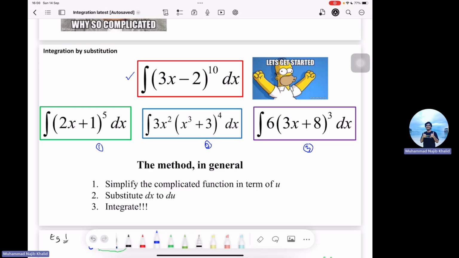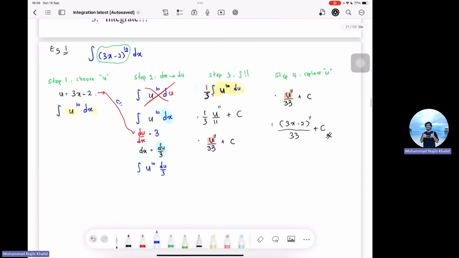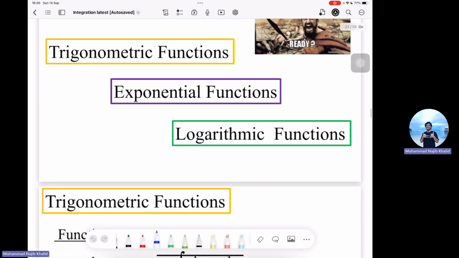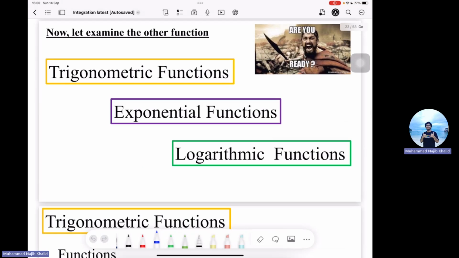Here n can be negative, positive, or in fraction form.